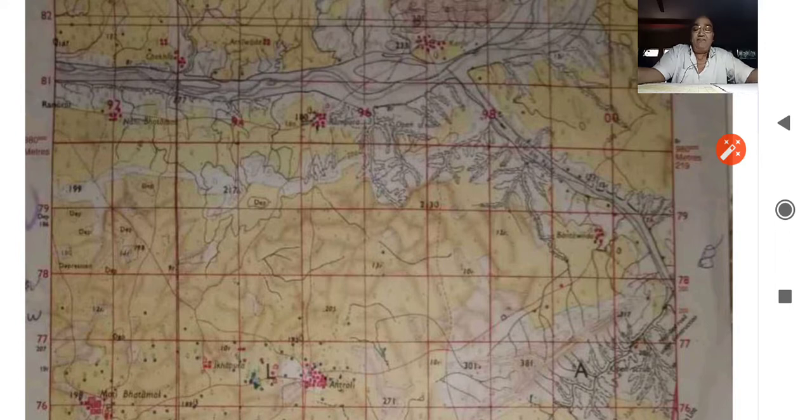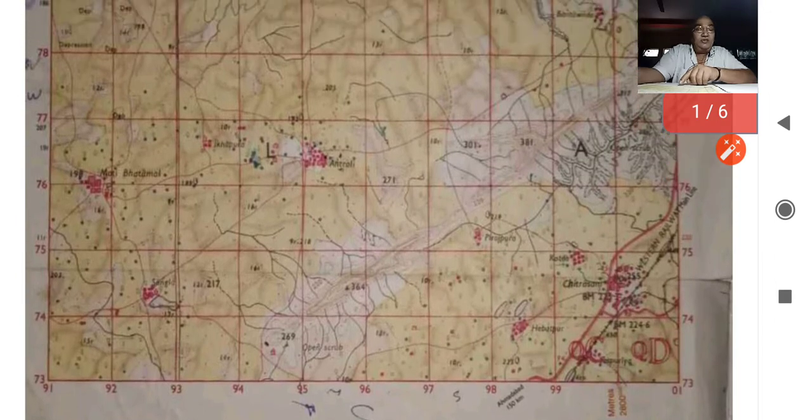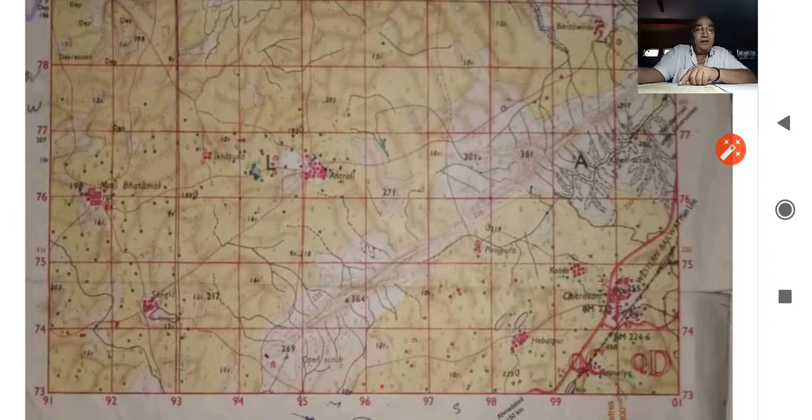Now, for example, if I ask you the 4-figure of triangulated height 364, it lies after easting 95 and northing 74. So the 4-figure of triangulated height 364 is 9574.